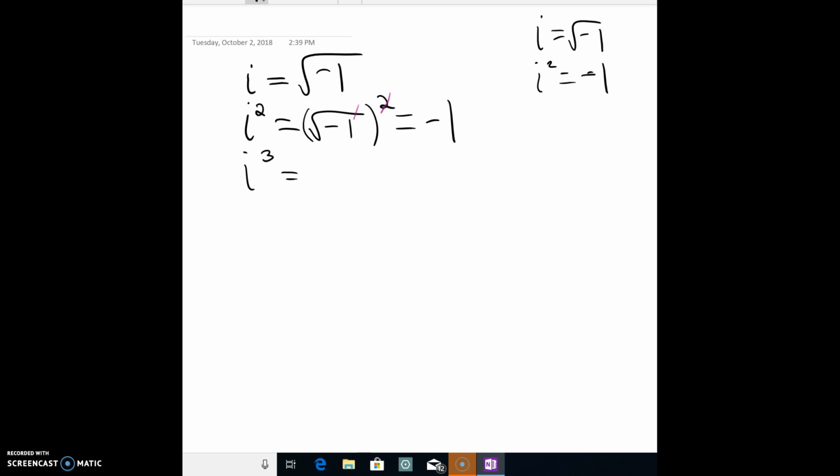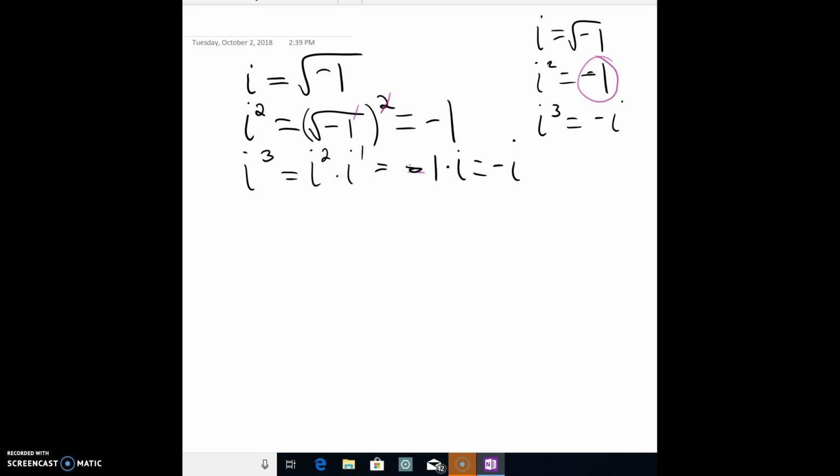By properties of exponents, we can rewrite that as i squared times i to the first. We know that i squared is equal to -1. So this is -1 times i, which is the same thing as -i. So anytime we see i cubed, we can replace it with -i.